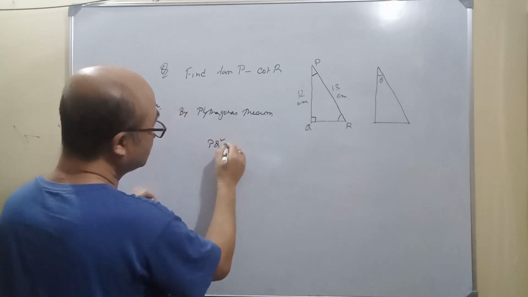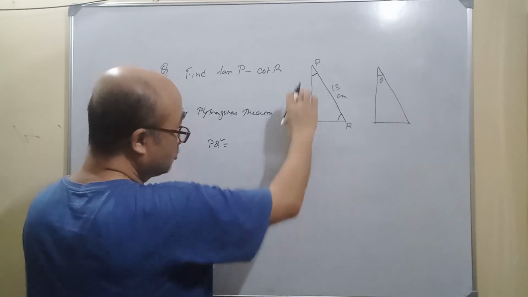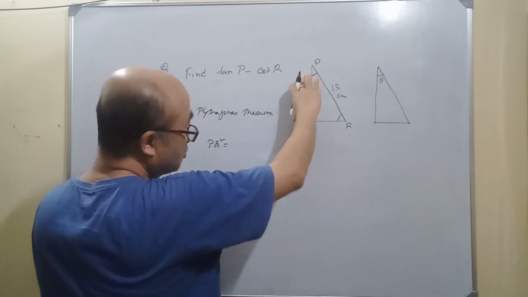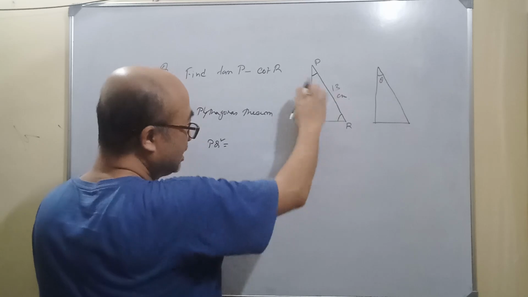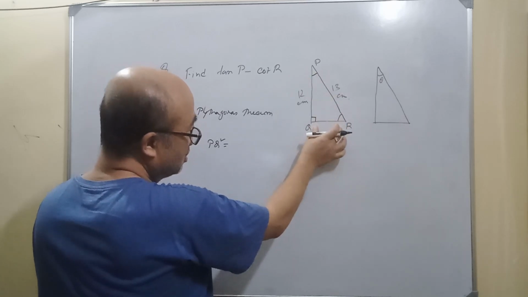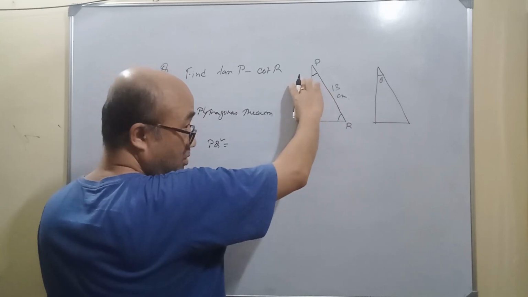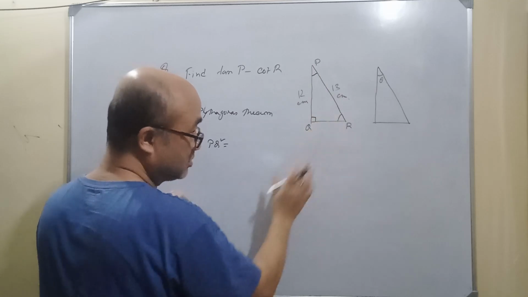The hypotenuse square is equal to the summation of the squares of the two sides. You can take this one as perpendicular or base, it does not matter.